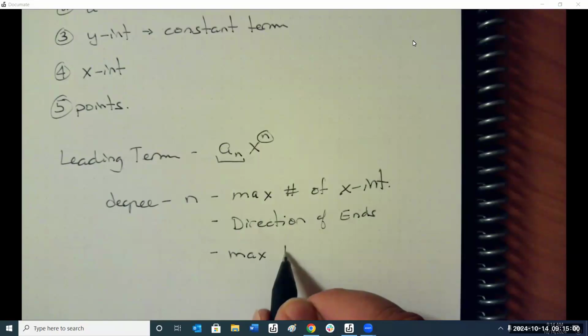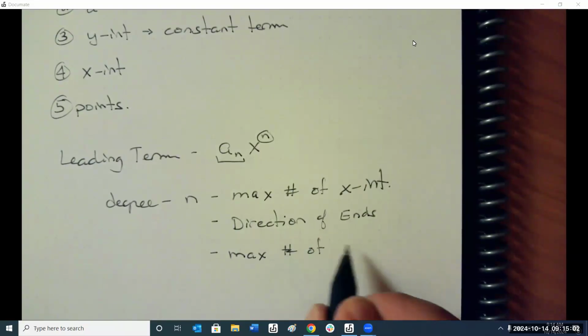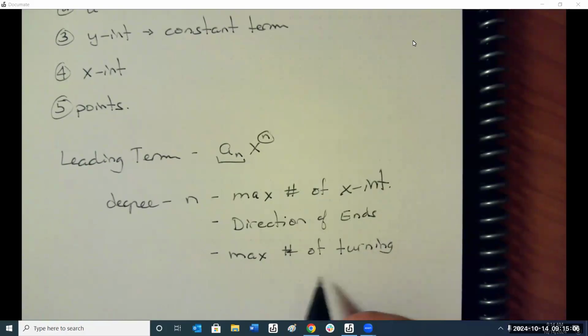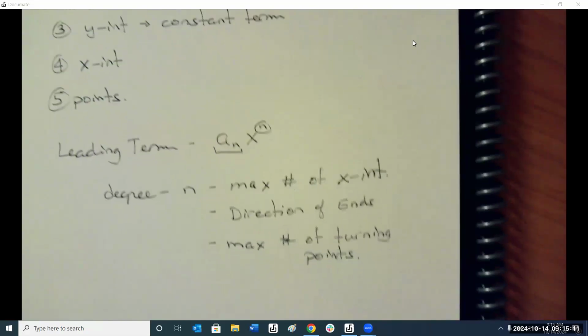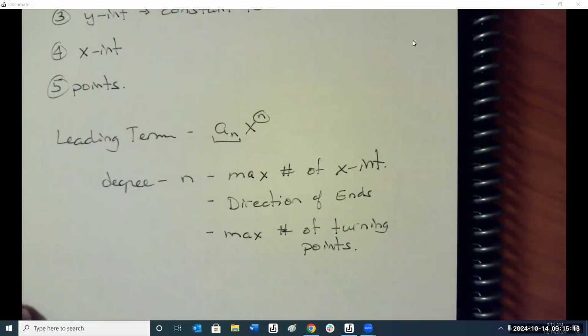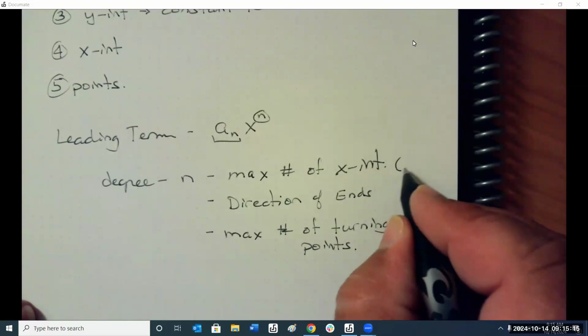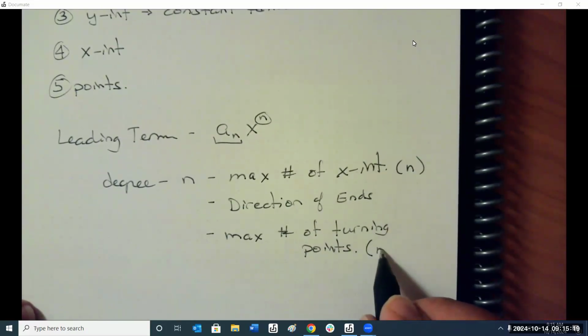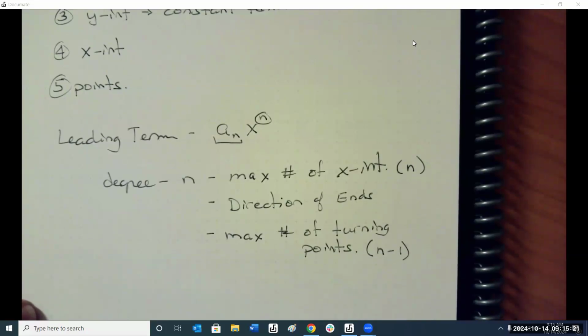Also tells us the maximum number of what are called turning points. So the maximum number of x-intercepts is n. The maximum number of turning points is n minus 1.